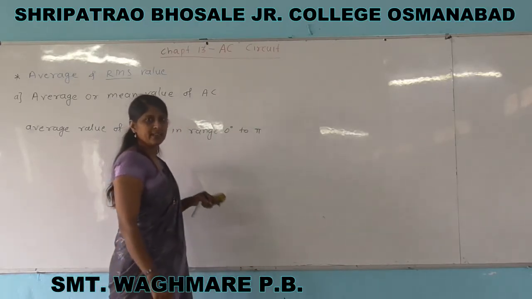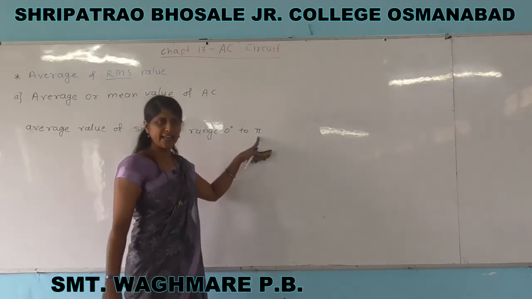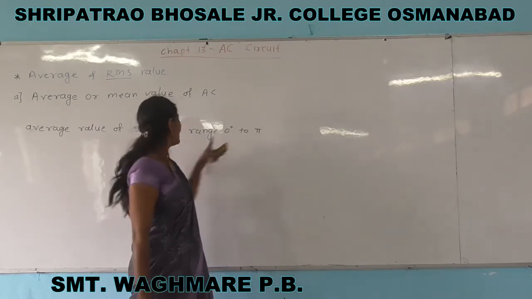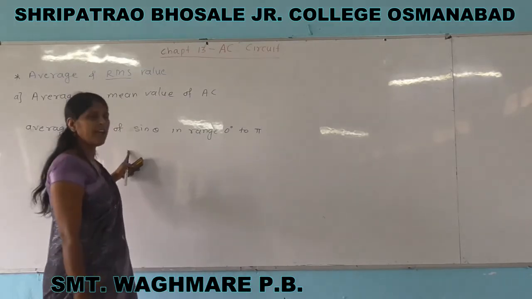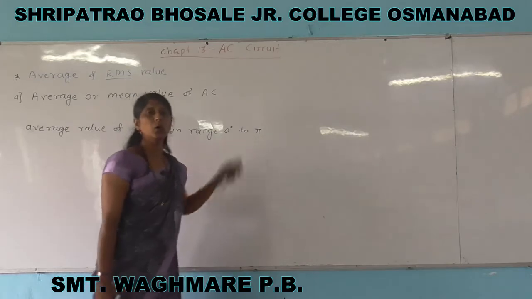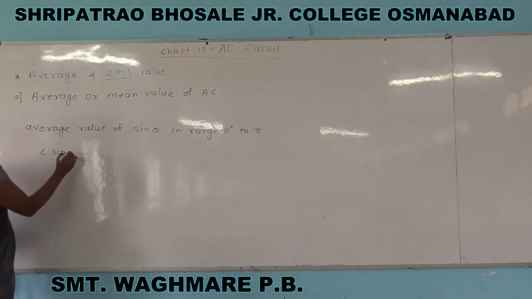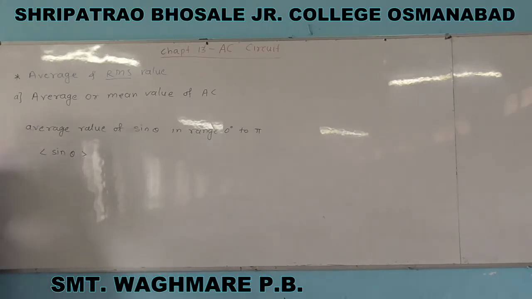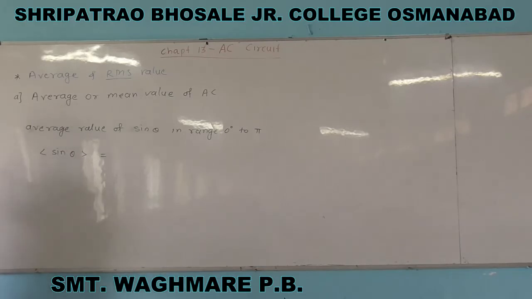For one cycle, the value of theta is 2 pi, and therefore for a half cycle, the value of theta is pi, and therefore we will discuss the average value in the range 0 to pi, and therefore we can find out the sin theta for the average value.